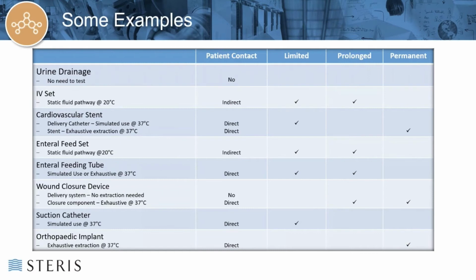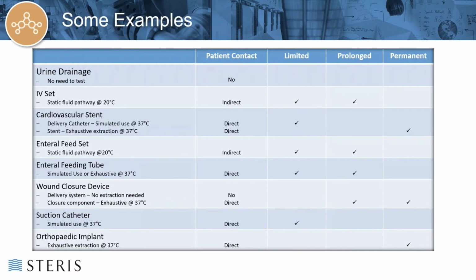Extraction durations for limited contact devices are based on what is typical for patient contact. The extraction temperature is usually body temperature, 37 degrees Celsius, or controlled room temperature. Typically, only the portions of the device that have patient contact are included.